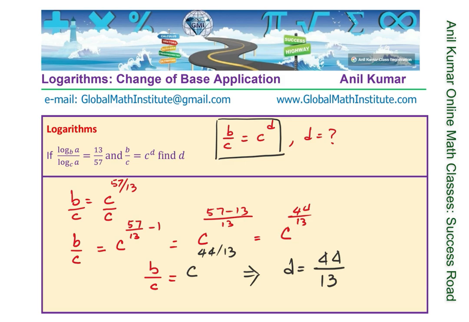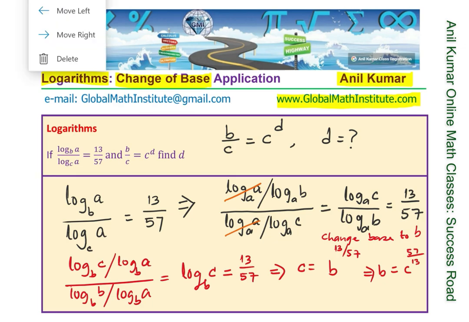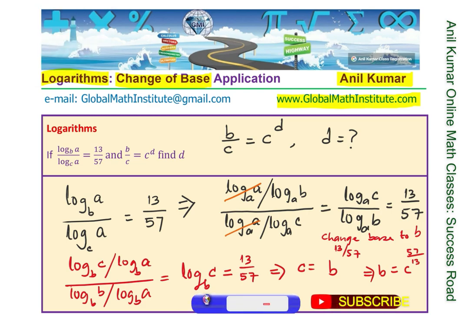I hope that helps you to understand the strategy adopted for solving such a question. Basically, we changed the base twice in this particular case, once to a and then to b, and then we equated our expressions.